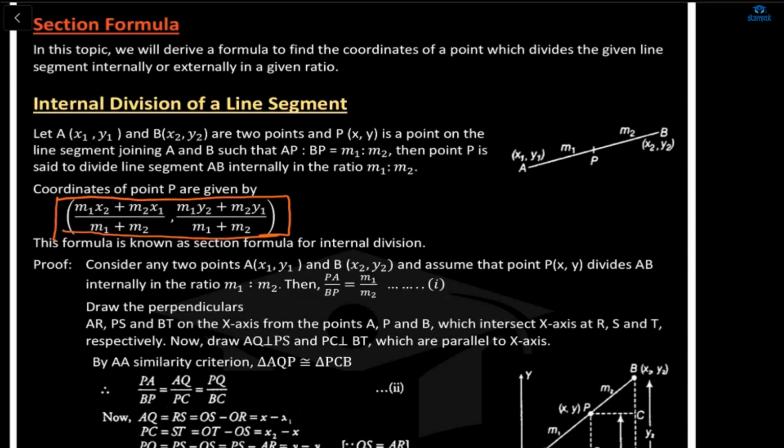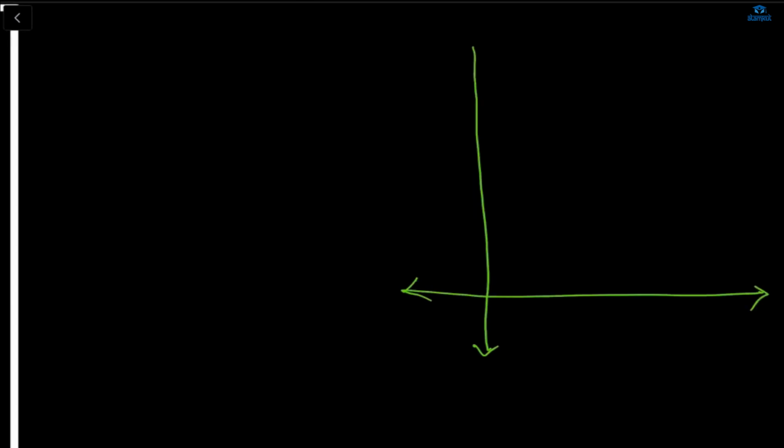Now we know the ratio M1. Let me draw this. Because we are talking about coordinates, we are going to draw on the coordinate system.